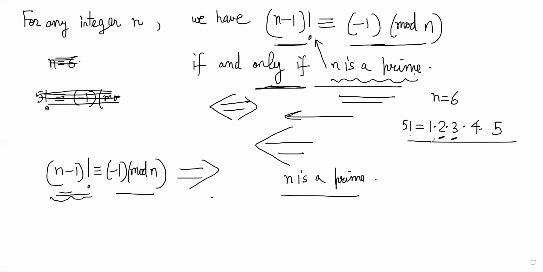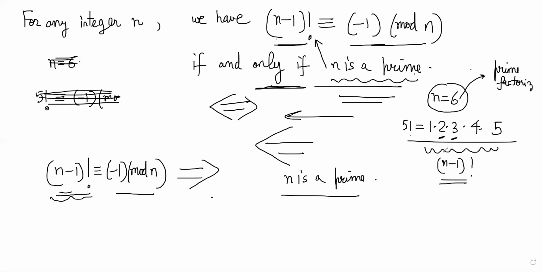If you have a composite number, all the numbers before it are in (n minus 1) factorial. That composite number has some prime factorization, and the numbers before it already contain all those prime factors. That is what makes it divisible.